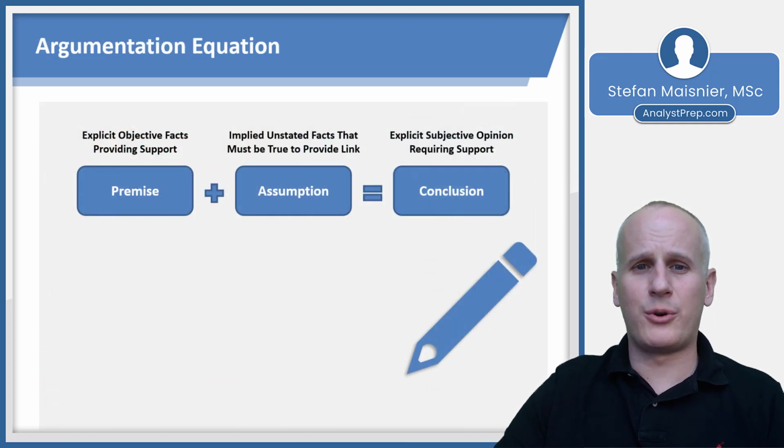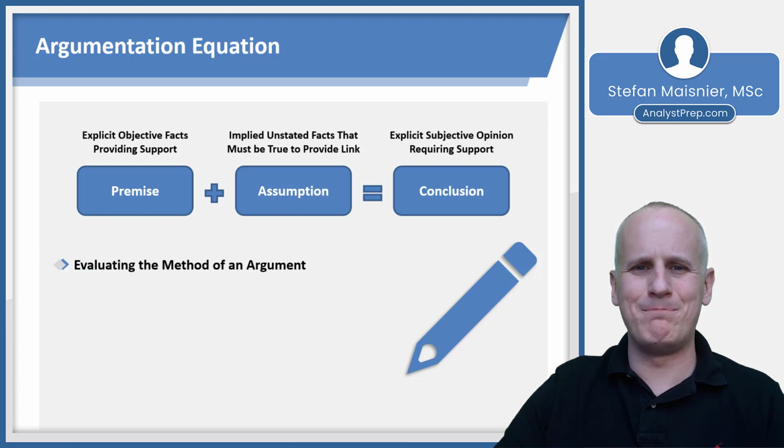So then we go back to our argumentation equation, and when we're being asked to evaluate the method of an argument, we basically need to just track the premise and the conclusion through the facts that are provided as support and the opinion that is requiring the support.